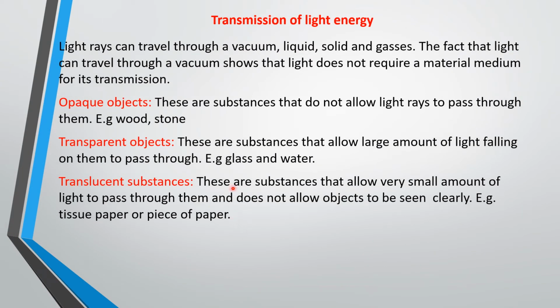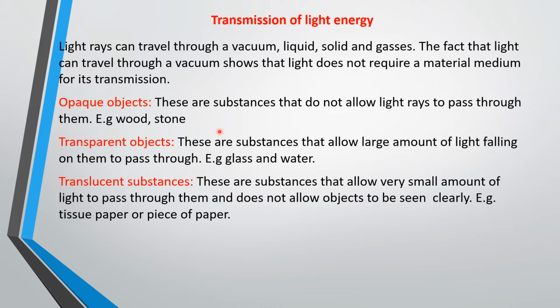Transmission of light. Okay, as we have discussed before, a light ray can actually travel through a vacuum, through solids, liquids, and gases. The fact that light travels through a vacuum shows that light does not require a material medium for its transmission. So whether there is a material medium or no air or whatever, light can travel.